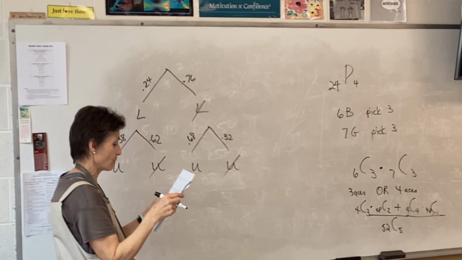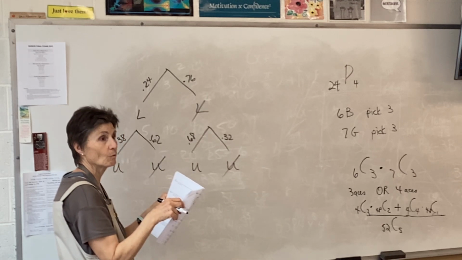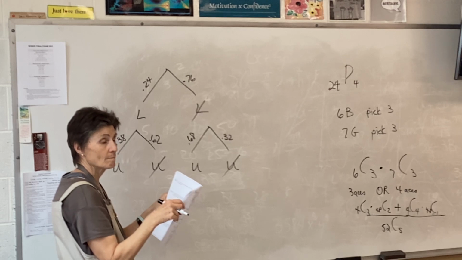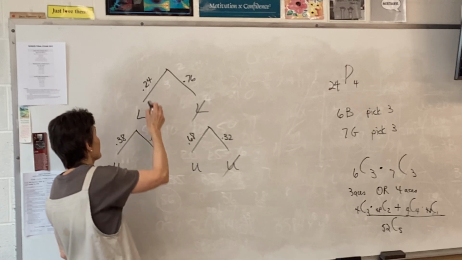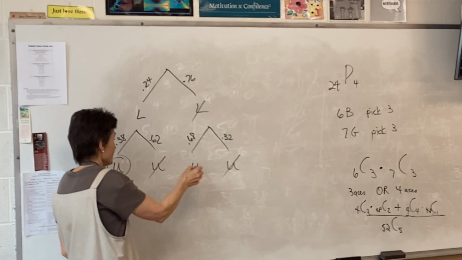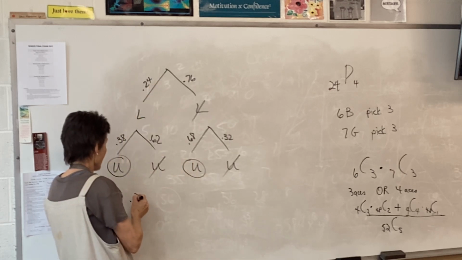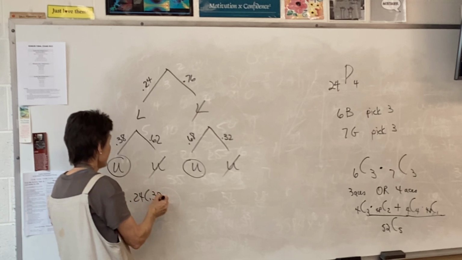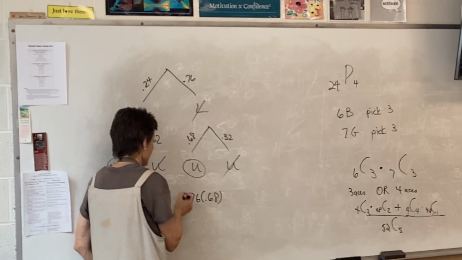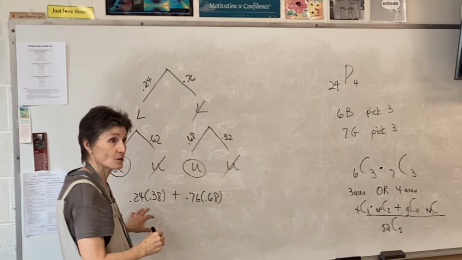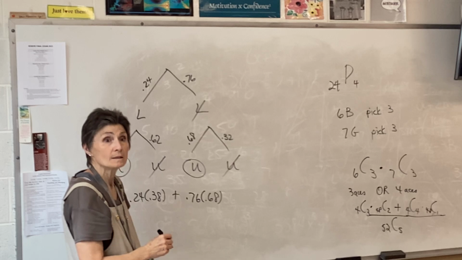Find the probability the randomly selected student will be in uniform. We can do this, right? Uniforms here and here. So I'm going to multiply 0.24 times 0.38, 0.76 times 0.68, and then add those together because it could be this way or this way.